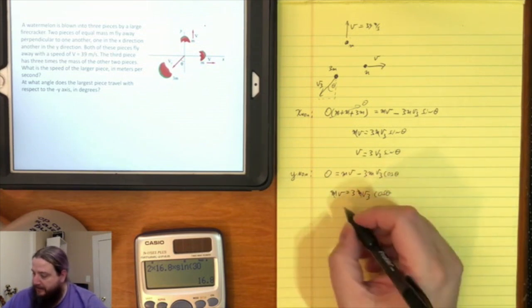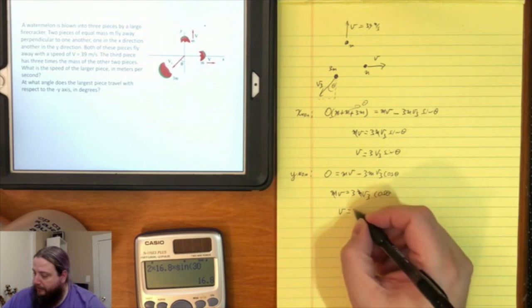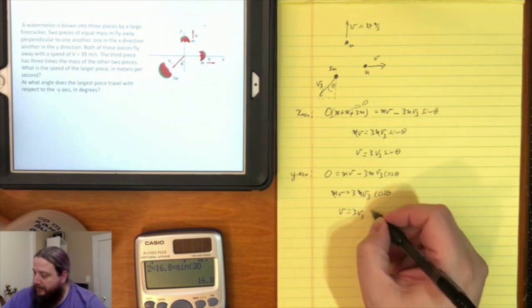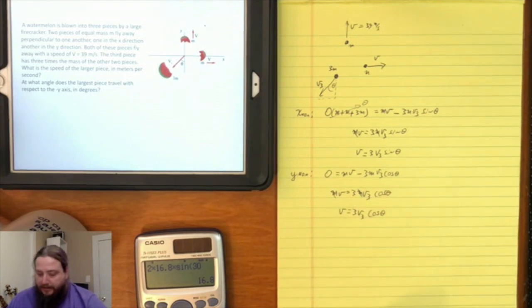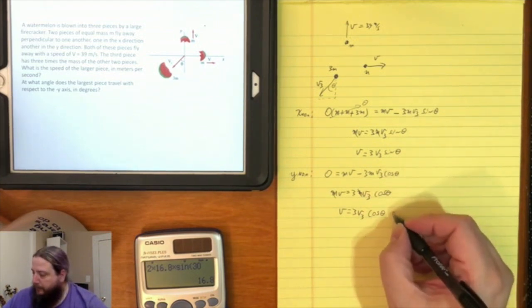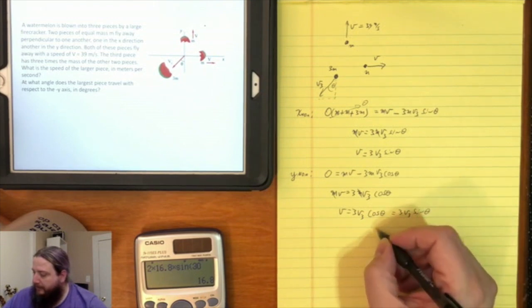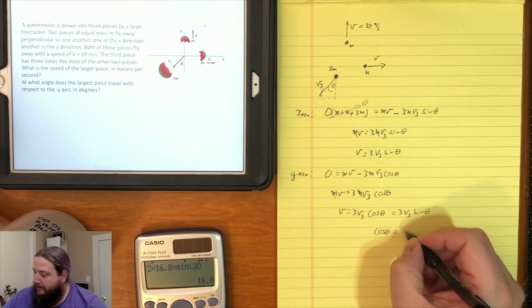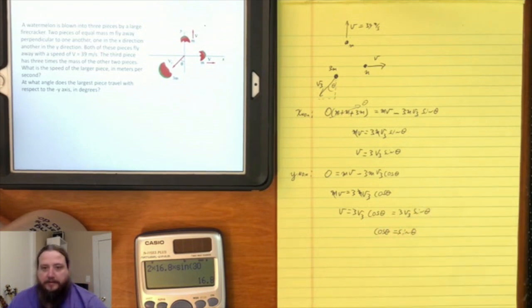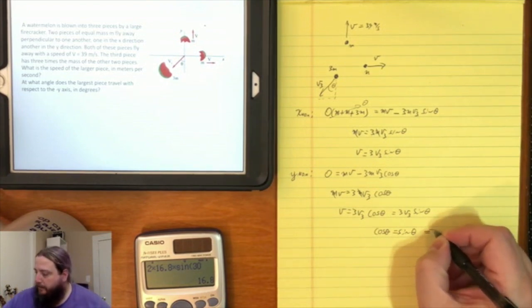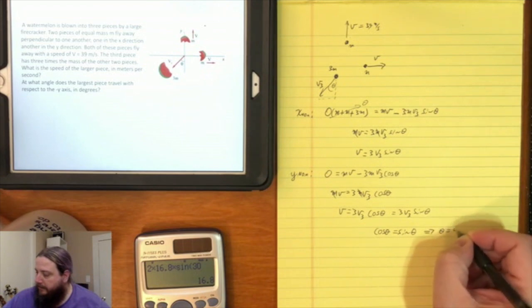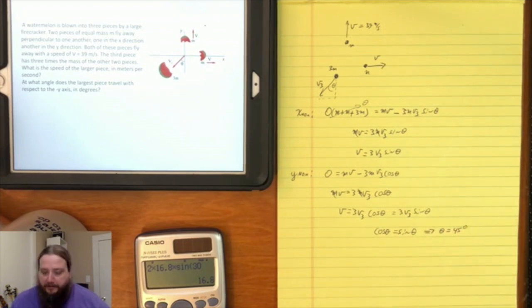The masses again cancel, and we're left with v equals 3 v3 cosine theta. But it was also equal to 3 v3 sine theta, which means that cosine theta must equal sine theta, and that one should be familiar to any student of trigonometry. Theta must be 45 degrees then.